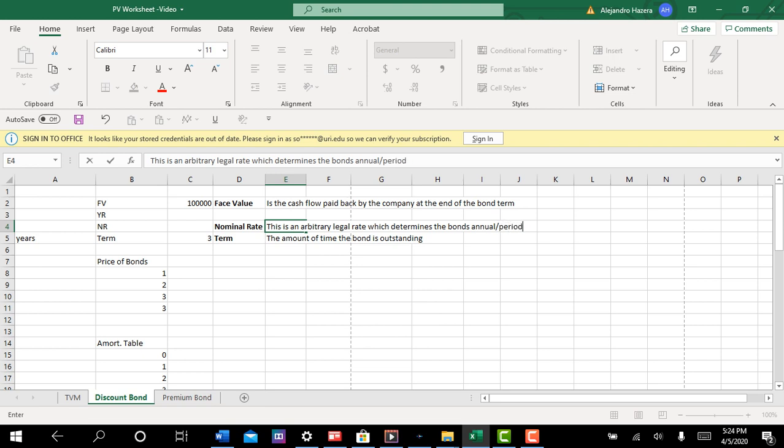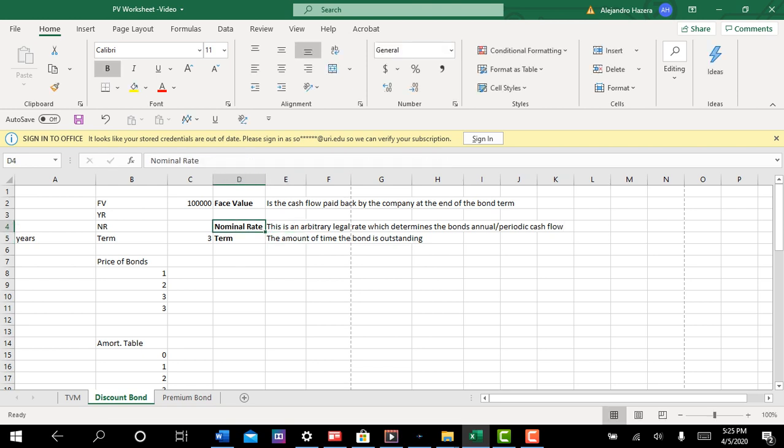It doesn't have to be annual. We'll use years here, but it doesn't necessarily have to be annual. In a sense, it's the amount of cash that ostensibly you will pay out for interest.